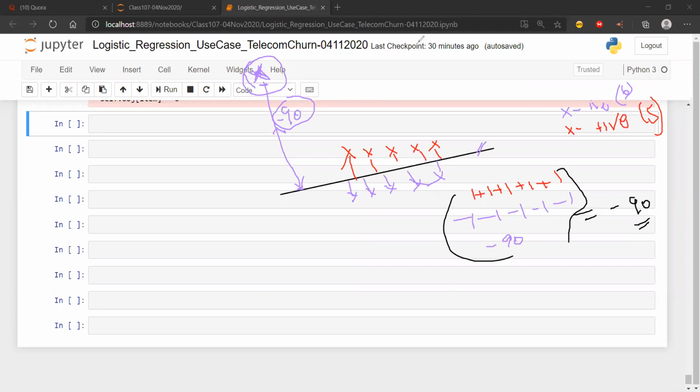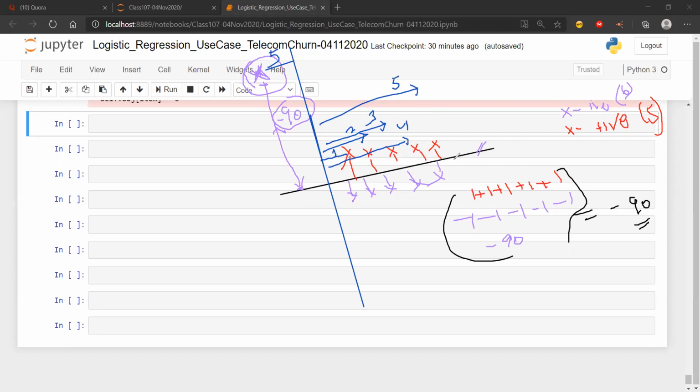What happens now if my decision boundary was somewhere over here? Let's imagine that this distance over here is 5, and I'm going to consider it minus 5 because it is a minus point. And these distances are 1, 2, 3, 4, and 5.